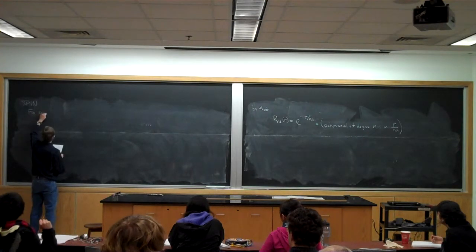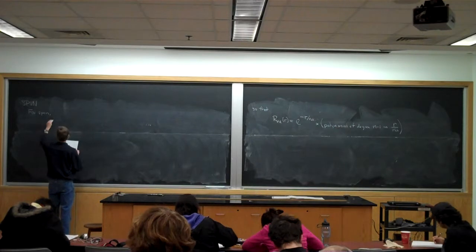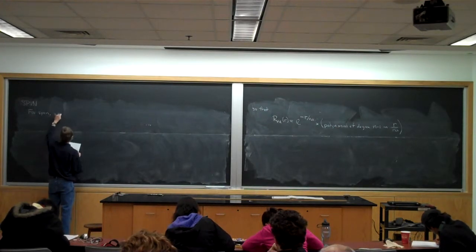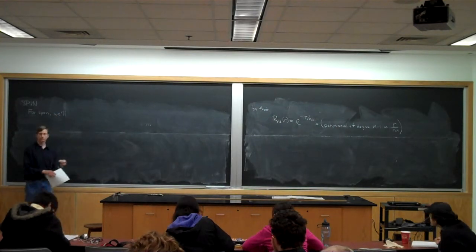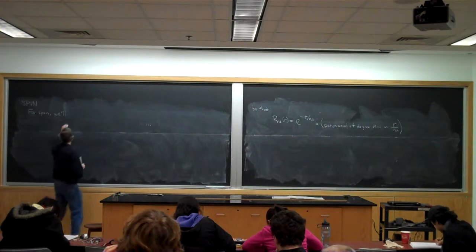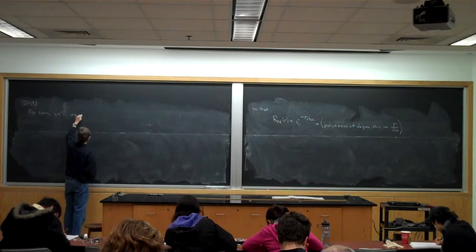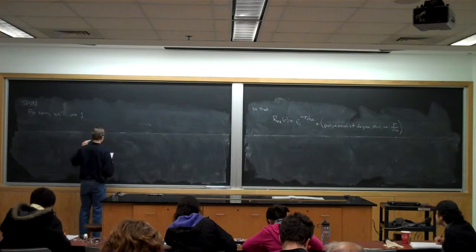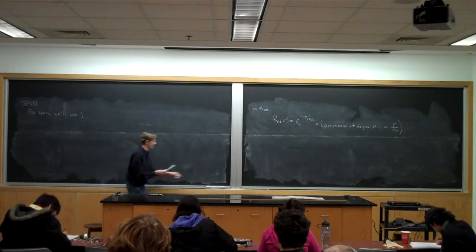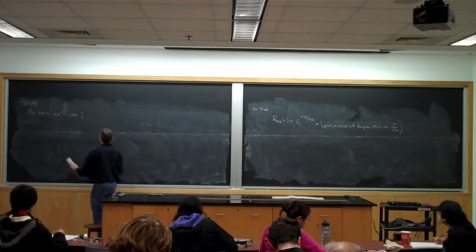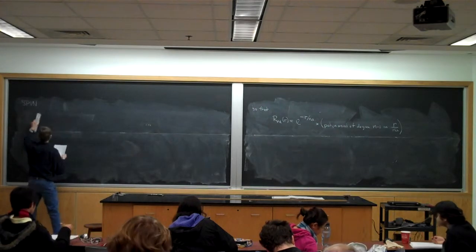So, for spin, we'll use J as the total angular momentum quantum number. Well, actually, don't write that down. Stop writing, don't write that.